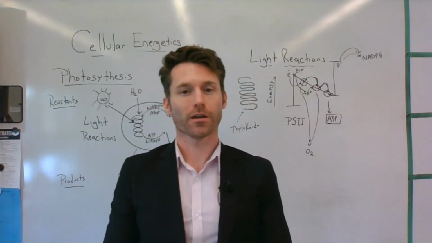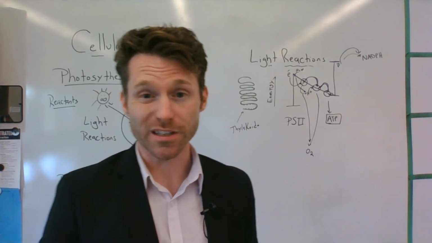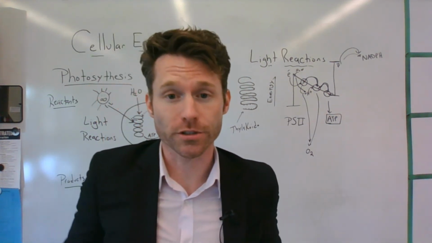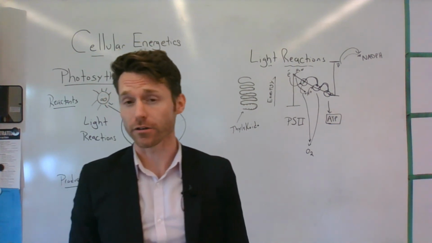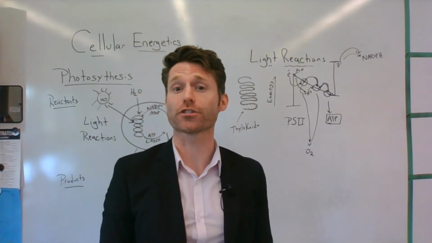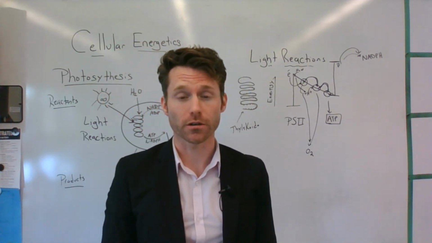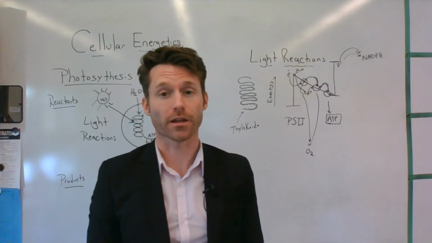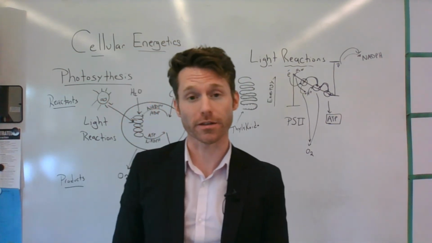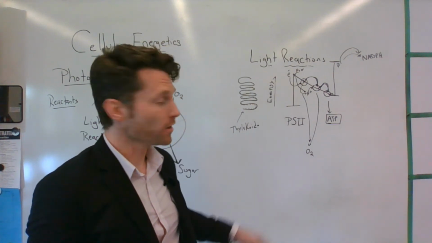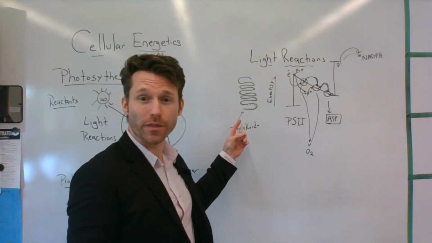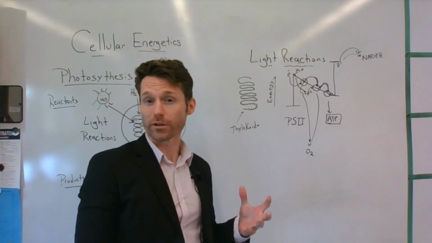So here we're going to look at some of the details about the reactions occurring within the light reactions, the steps that are actually harnessing the energy from the light that is coming in and smashing these plants. And so the anatomical structure of the thylakoid becomes very important here.